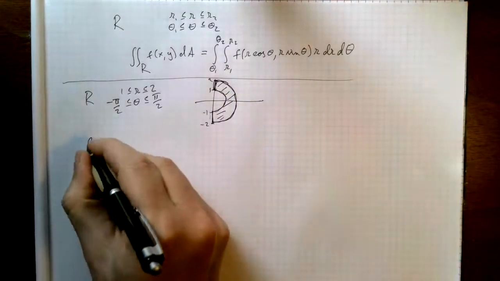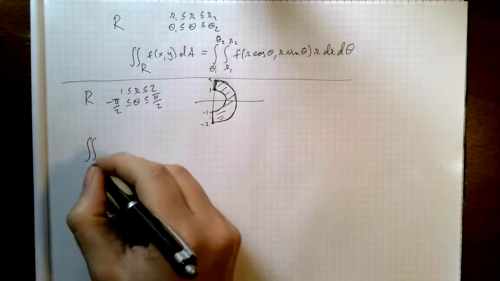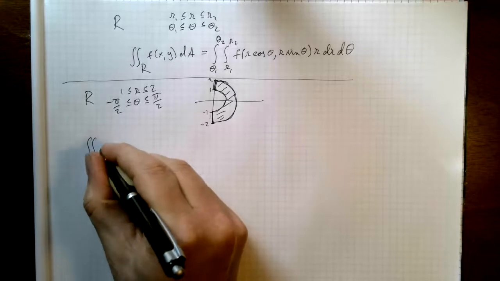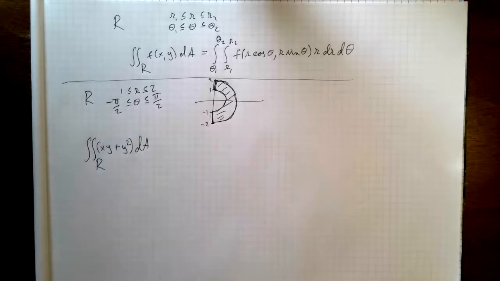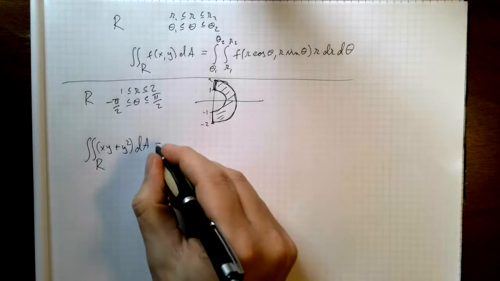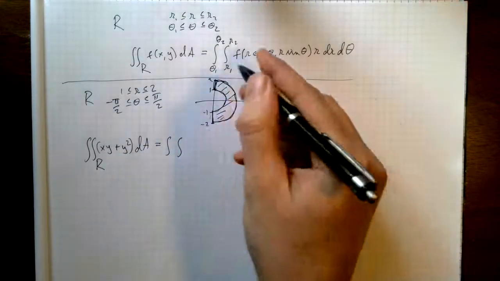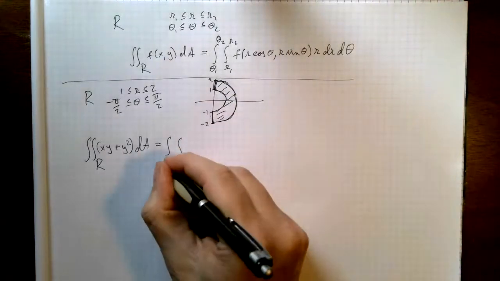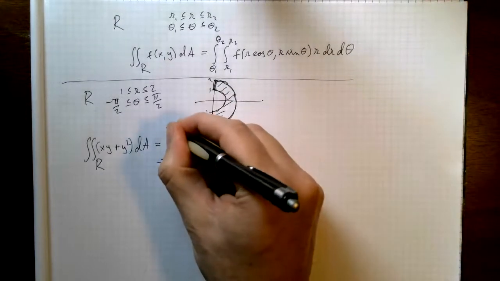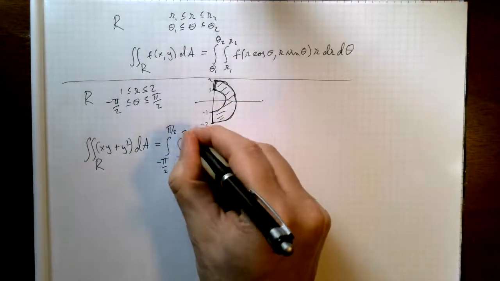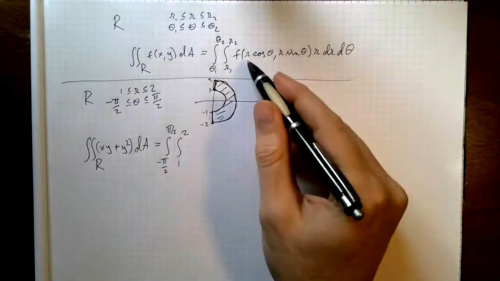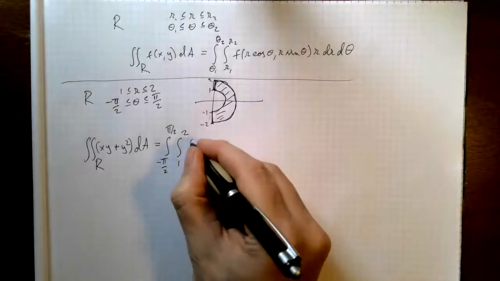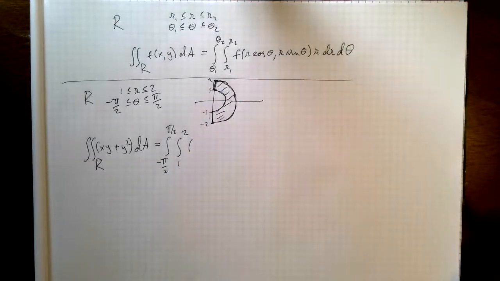And let's suppose I want to integrate over R of xy plus y squared dA, right? Well, you just write down what it is. So let me write it down in this form exactly. It's theta from minus pi over 2 to pi over 2, r going from 1 to 2, and then I have this is my f, and I just have to plug in r cosine theta, r sine theta.